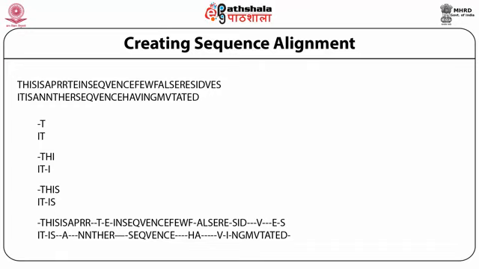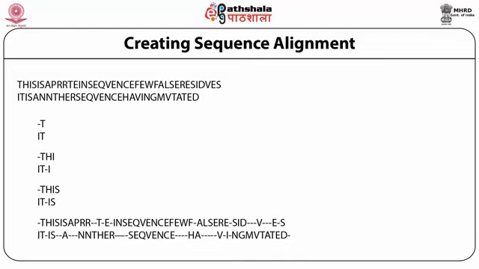In this way, the introduction of gaps allows the alignment of only identical residues along the sequence in successive columns. The situation of aligning a residue with a hyphen arises whenever there is an insertion of a residue in one of the two sequences. The situation of aligning a residue with a gap may also arise when there is a deletion of a residue in one of the two sequences.